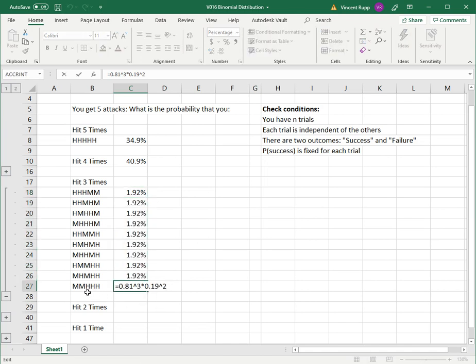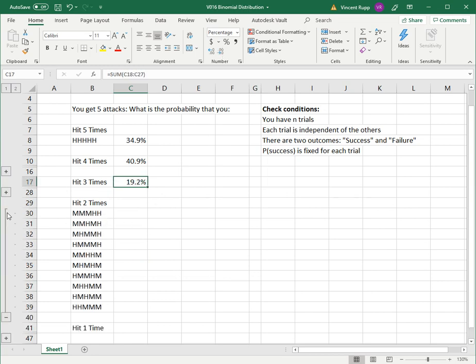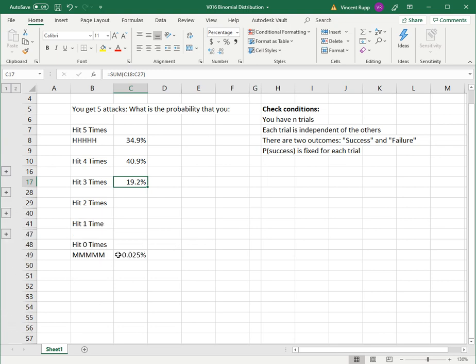So the total probability then of hitting 3 times would be to add all those up. Now, of course, this gets rather tedious, and you don't really want to do it a lot. But you could also do it for 2 times, 1 time, list all the sequences, and then 0 times, which we did in the last video.